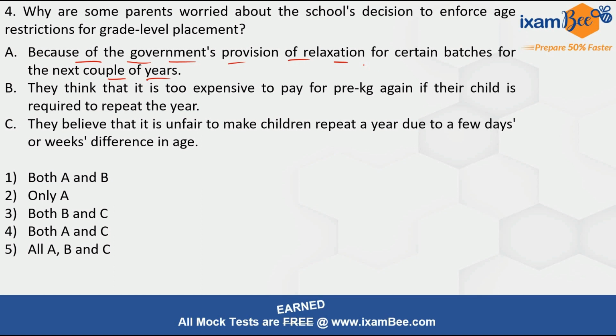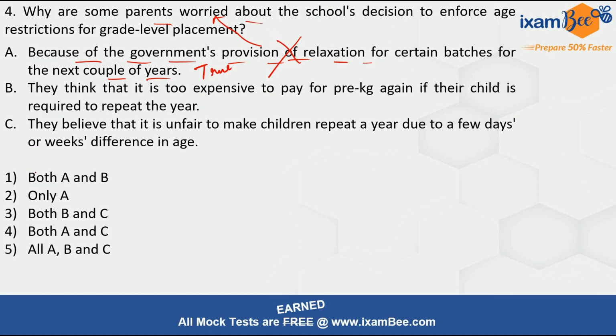So this is a relaxation provided by the government for the current batches, but then this relaxation should not be a case of worry for the parents, right? So this is true according to the passage, but this is not the answer to the question asked, right?